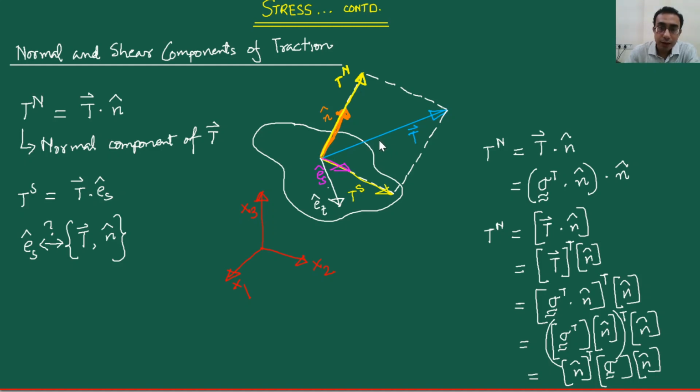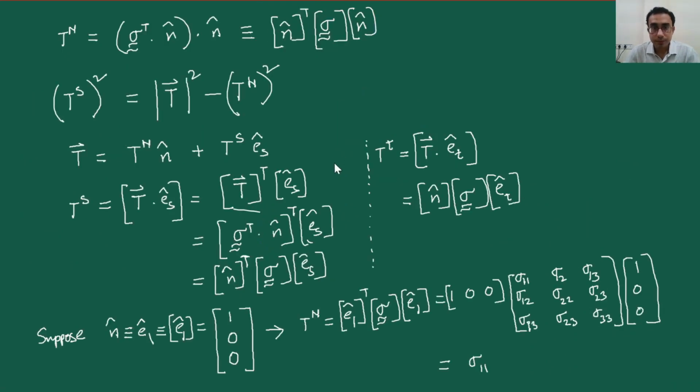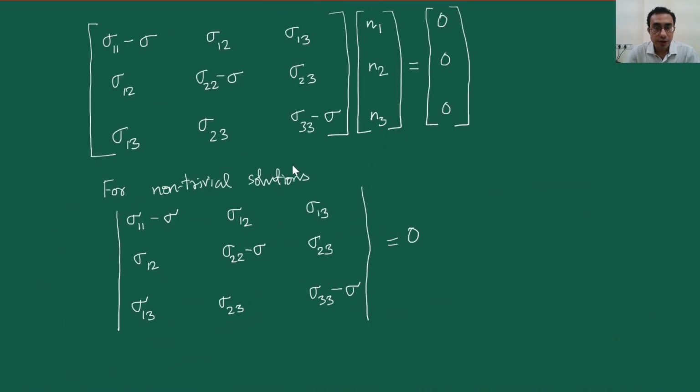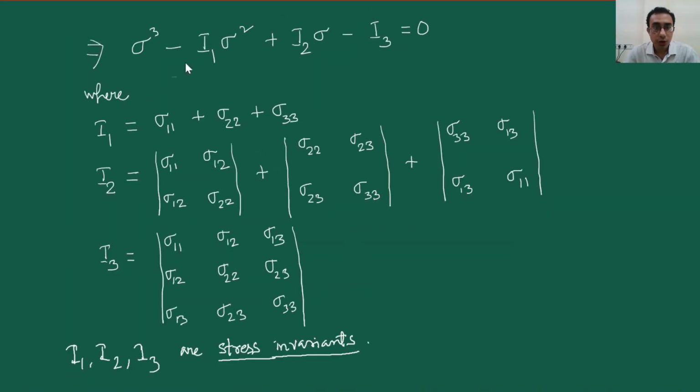So first, think about the Tn component. On the plane where you actually have the existence of such principal stresses, is it not true that this T superscript n is nothing but one of the roots of this problem?